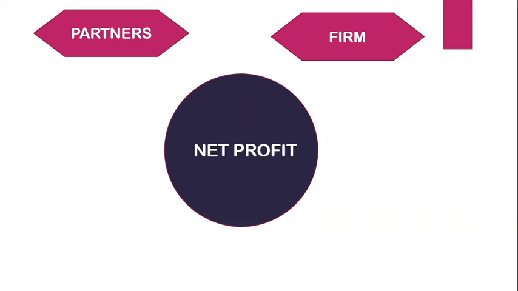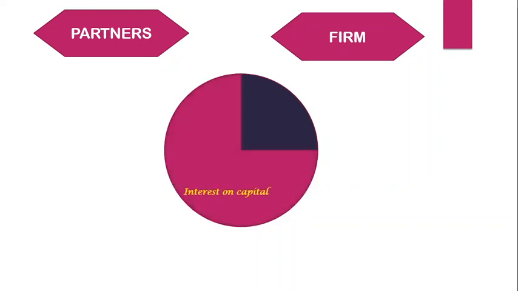From this net profit, all the amounts which actually go to the partners are taken out, like interest on capital and salary; interest on drawings is charged, which is added back to the profits, and finally that profit is used to pay interest on capital and salary.